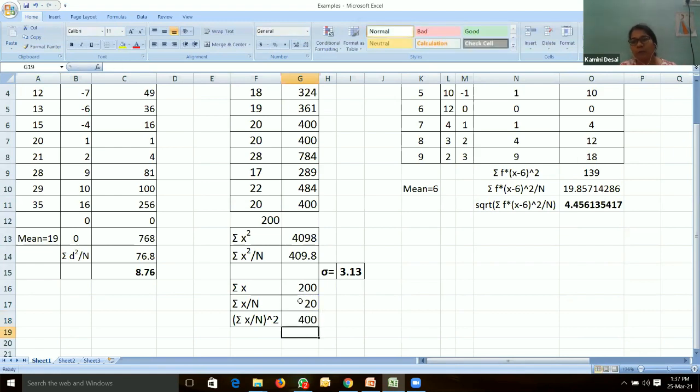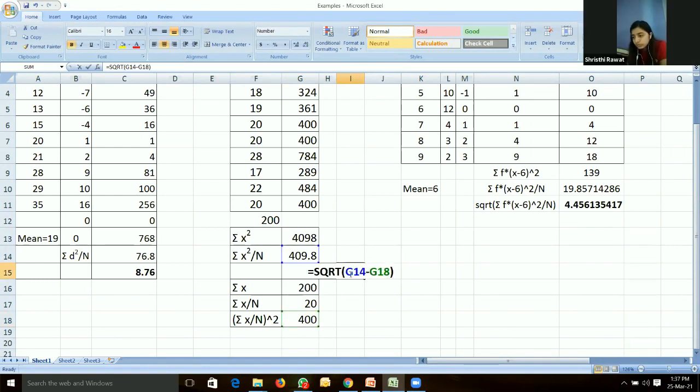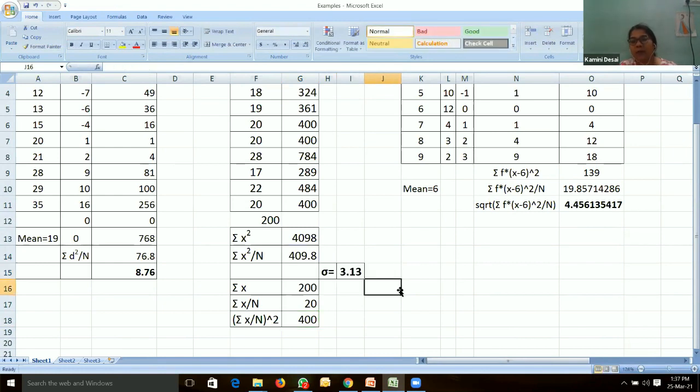So got the 400. And this term means 4098 minus 400. Uska square root lena hai. So have given this square root of this minus this. So answer is 3.13. Easy? Yes ma'am.